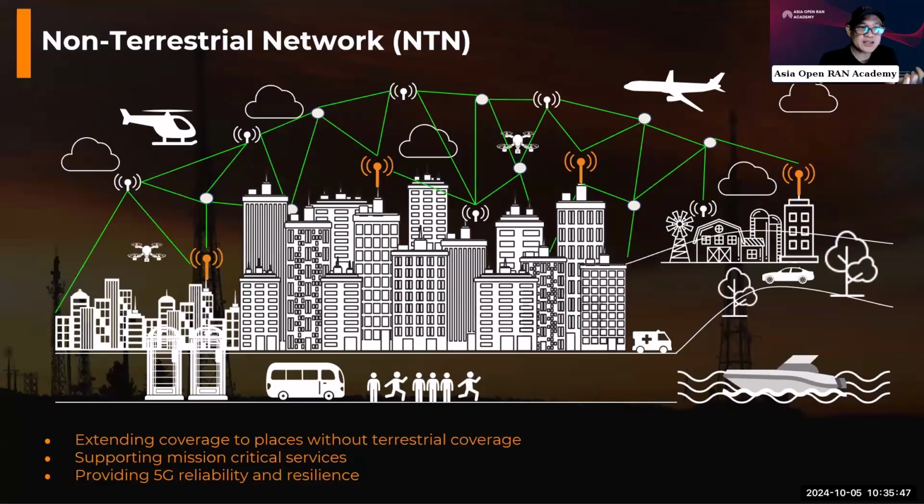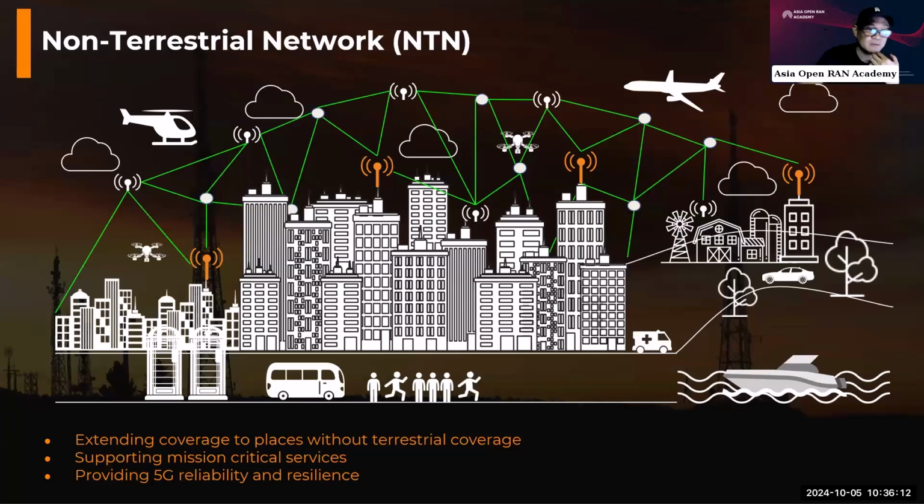So we use NTN to extend coverage to places without terrestrial coverage. Like Starlink, we will have that. But right now Starlink is more on Wi-Fi only. So you will have a dishy. The dishy is connected to its satellite, to the LEO constellation. And then from the dishy, you translate it to Wi-Fi.